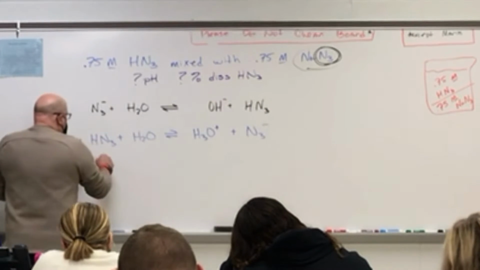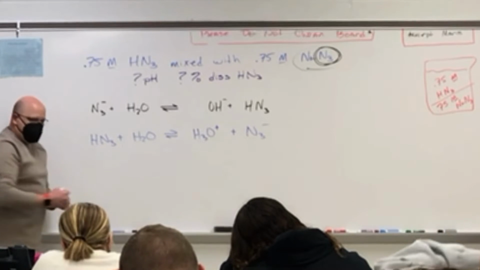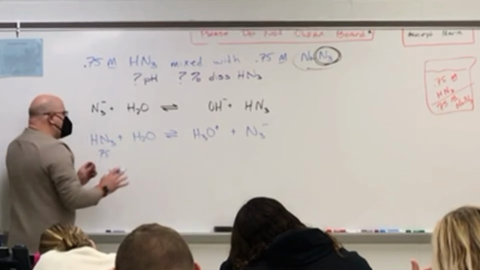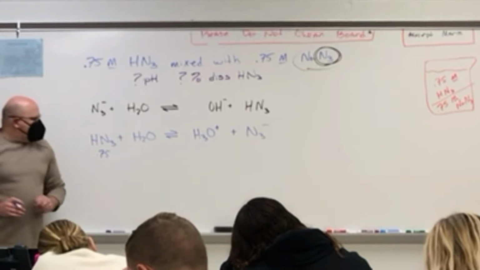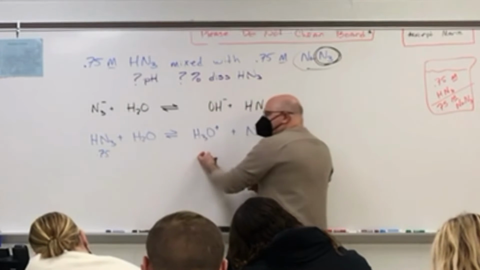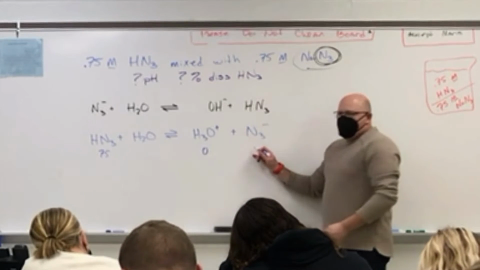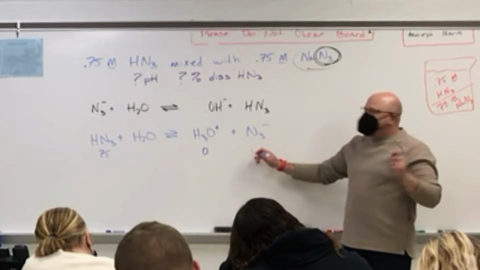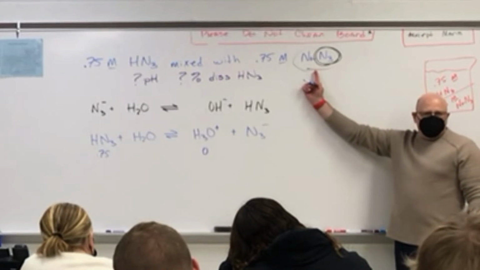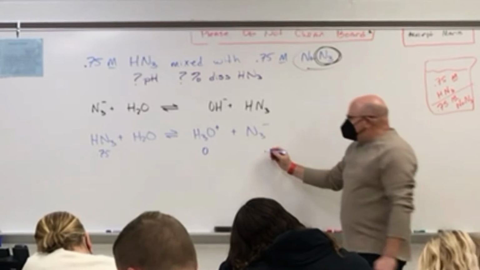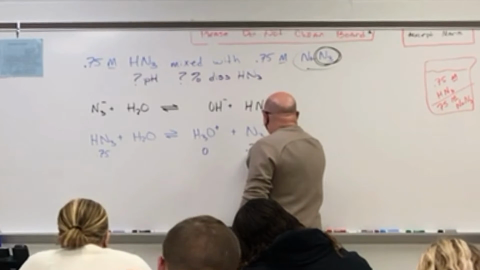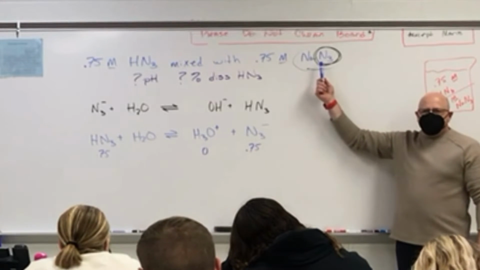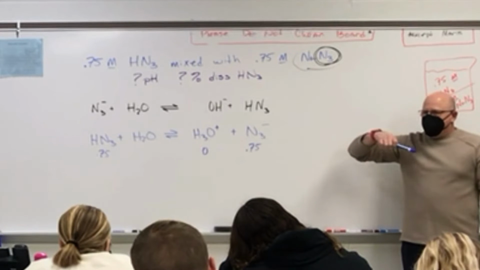Okay, so how much HN3? 0.75. Now remember, nothing's happened, right? So how much hydronium? 0. How much azide? 0.75. Now remember, did we answer what do we do with sodiums and potassiums? Get rid of them.